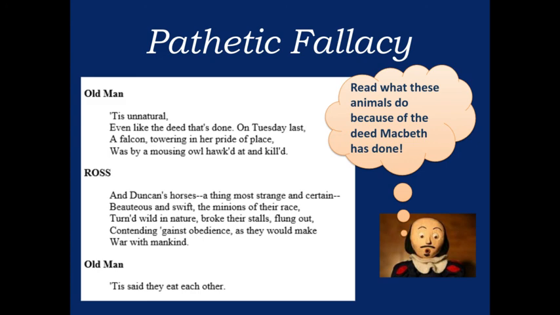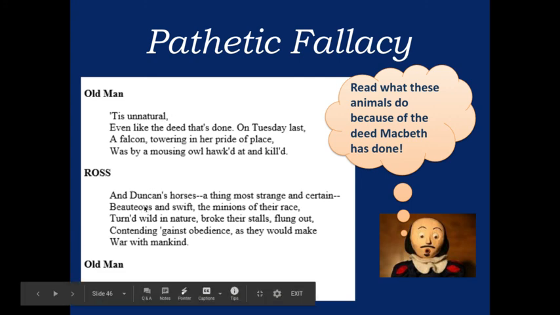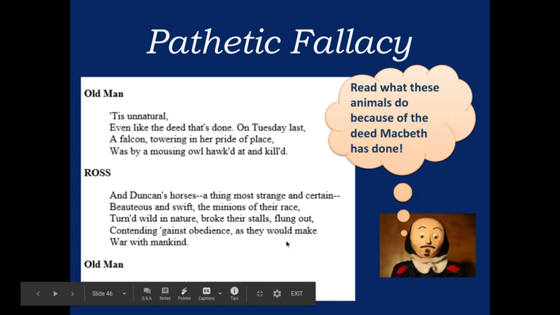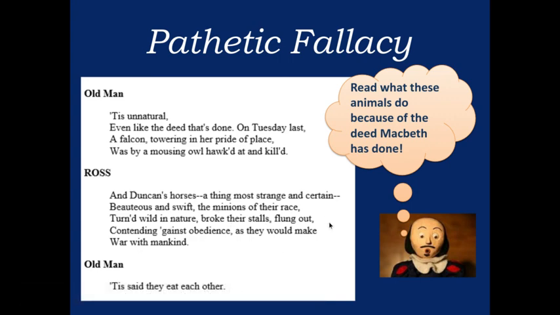"On Tuesday last, a falcon, towering in her pride of place, was by a mousing owl hawked and killed." So a falcon, this big, powerful bird, was all of a sudden just killed, just like whatever else is done that was unnatural. Then Ross goes, "And Duncan's horses, a thing most strange and certain, beauteous and swift, the minions of their race, turned wild in nature, broke their stalls, flung out, contending 'gainst obedience as they would make war with mankind.